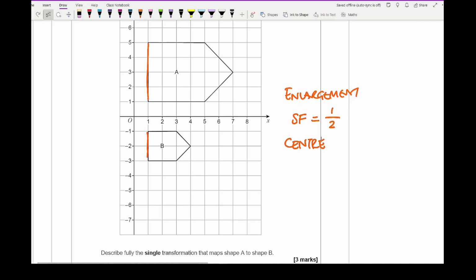And then we need to find the centre of enlargement. To do that, you find one vertex on the original shape and you draw a line extending that to the new shape. Let me just make sure that is as accurate as possible, and then I do one for another point, and what you should find is that those two lines do intersect, which they do.